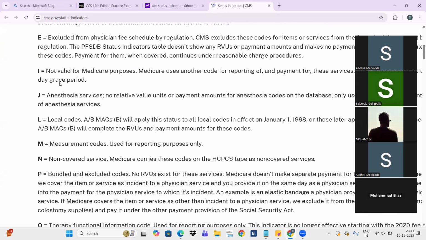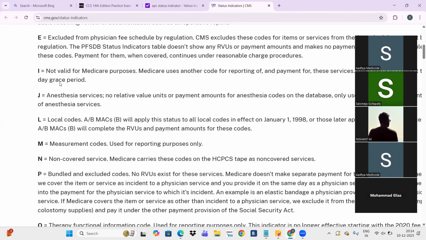You will get one question on APC status indicator N. They will ask, what does APC status indicator N mean?